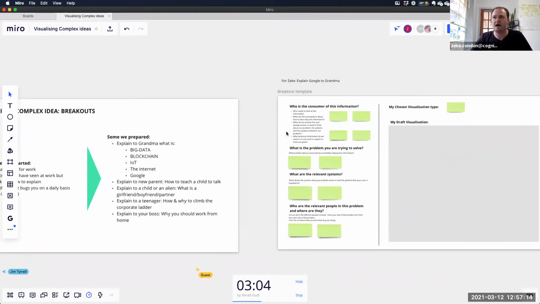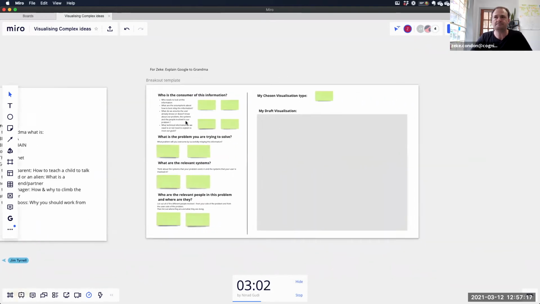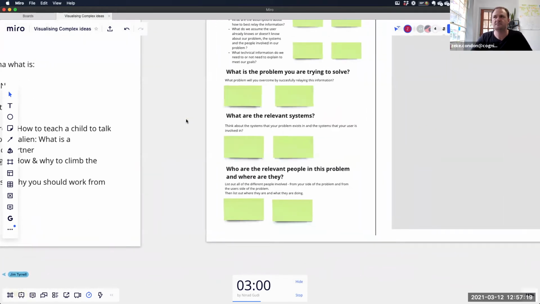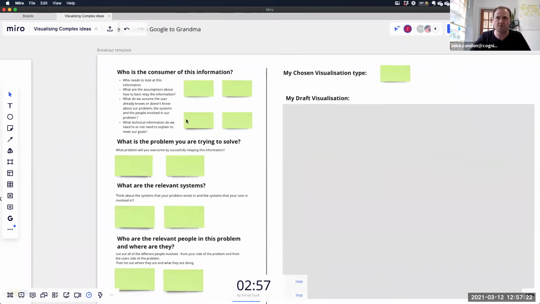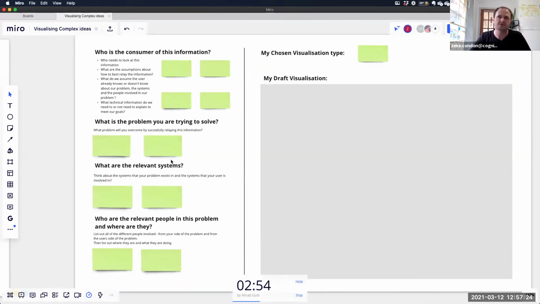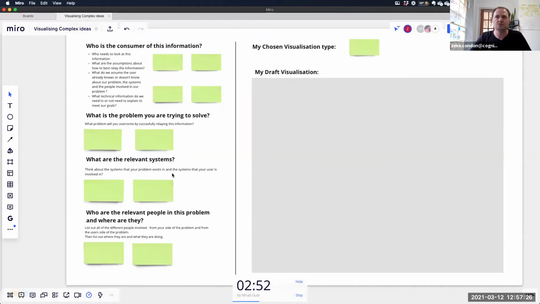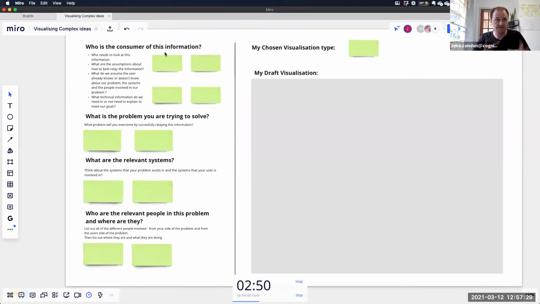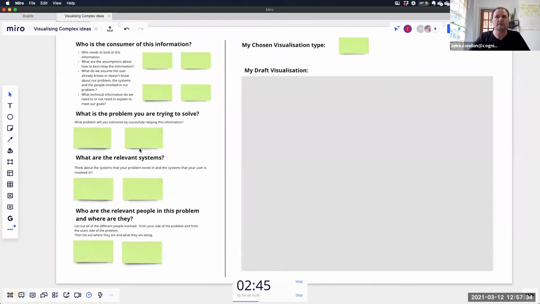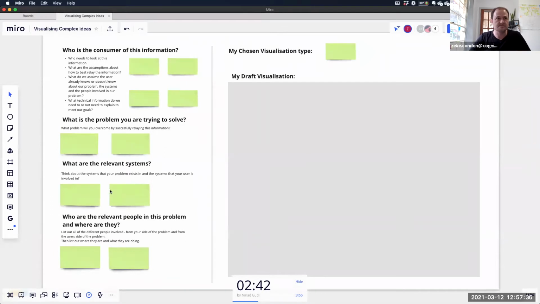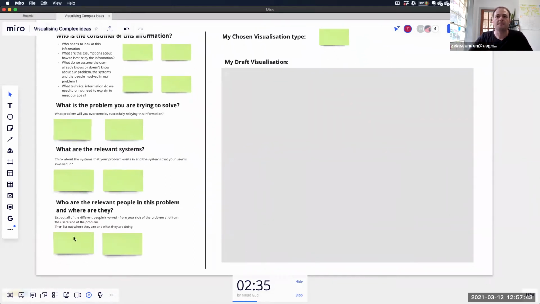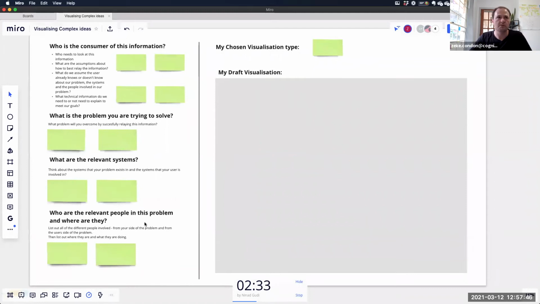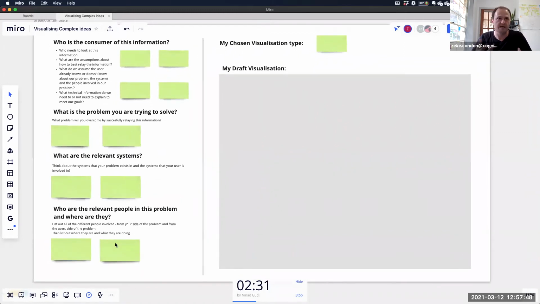So I put a little cheat sheet together, which takes all of that great information I just went through and turns it into some step-by-step questions. So first of all, looking at who needs to consume the information, what is the problem that they're trying to solve, what are the relevant systems in and around that, either the human systems or the technical systems or the philosophical systems, and who are the relevant people in this problem, and where are they in their journeys.